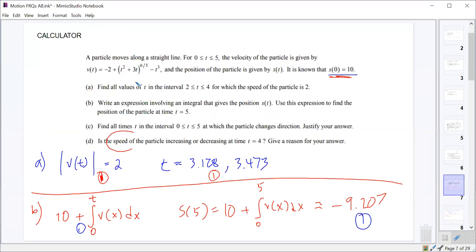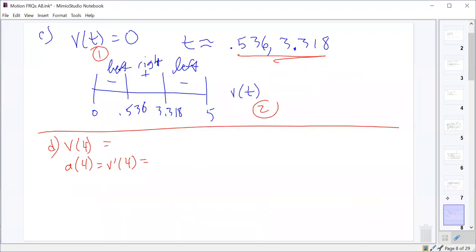So we'll just find v of 4 using our calculator. And v of 4 came out to be negative 11.47 something 476. And v prime, or a, of 4 came out to be negative 22 point something 295 something.